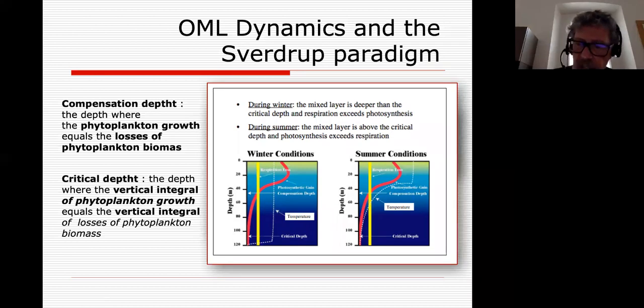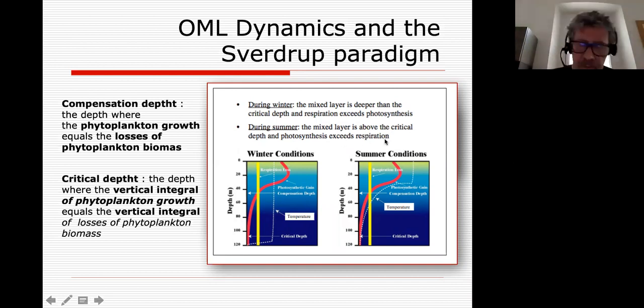The cells live in better conditions, with more light and warmer. So temperature also has an accelerating effect on the dynamics of phytoplankton growth, and photosynthesis exceeds respiration.